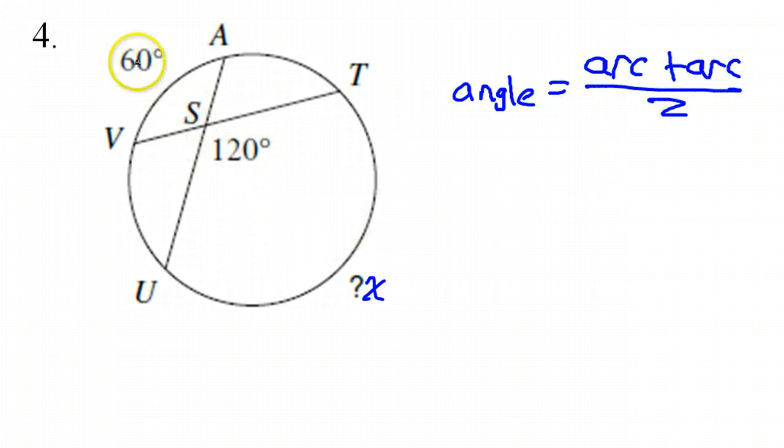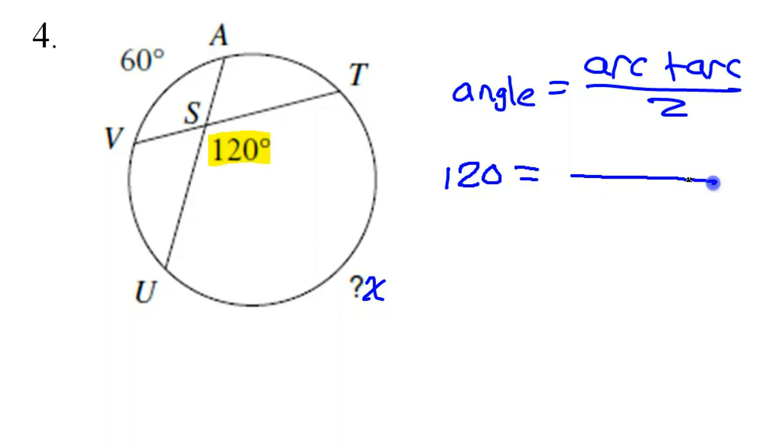So which part of this picture is the angle? Yeah, it's this one, 120 degrees. That's the angle, so that's what has to go right here. So this has to start off 120 equals. Now, what are the two arcs that we're dealing with?